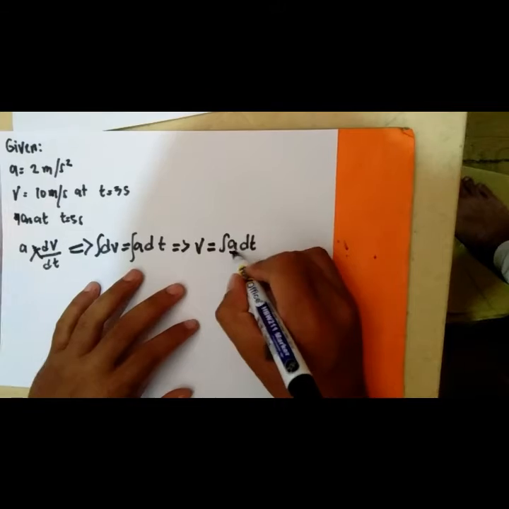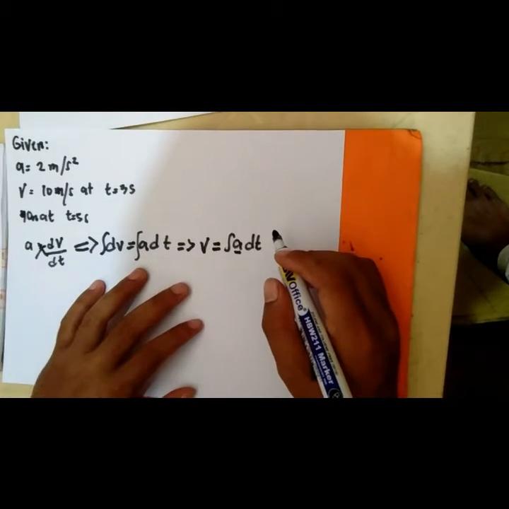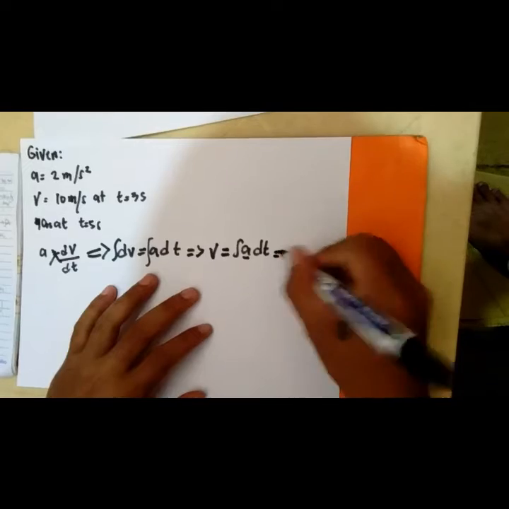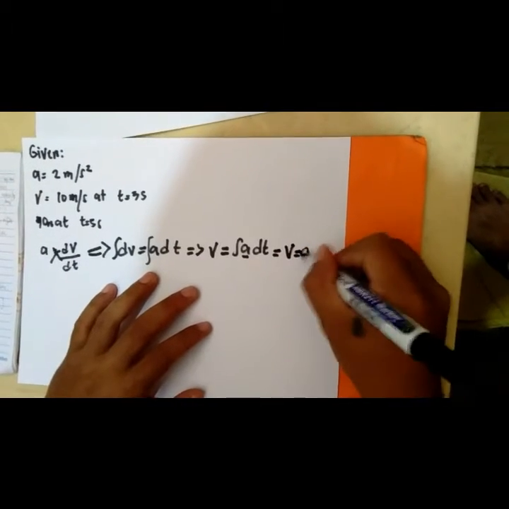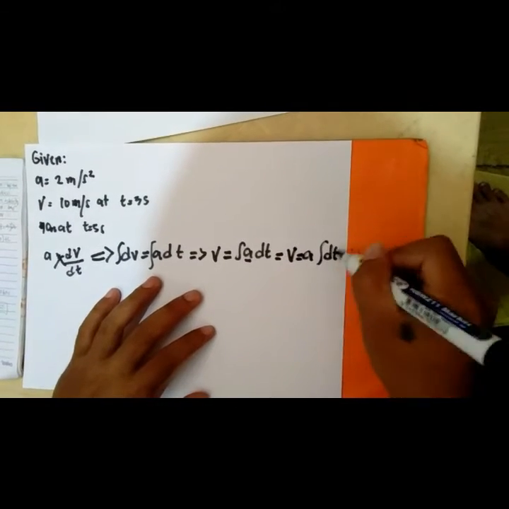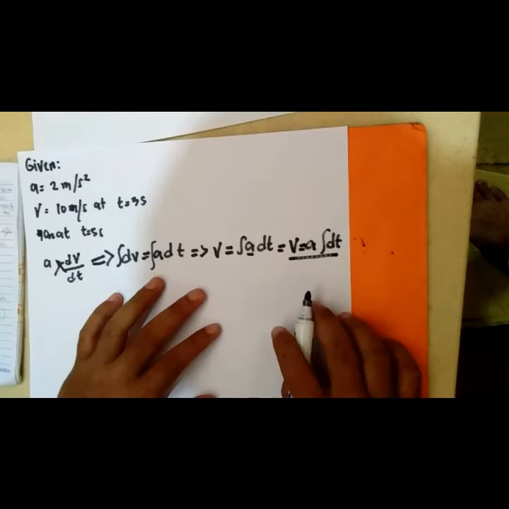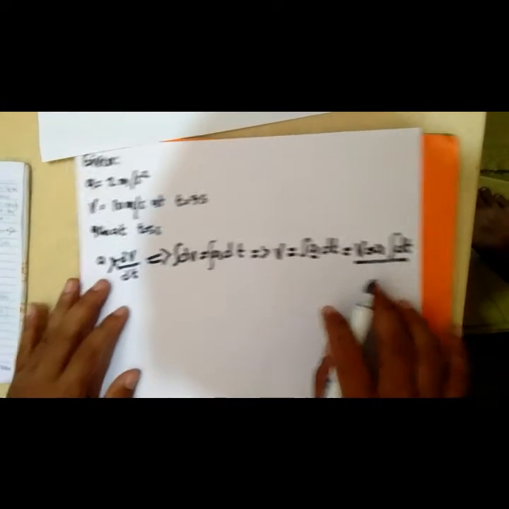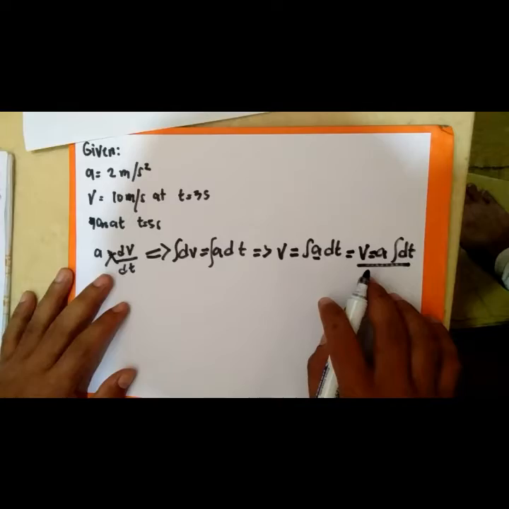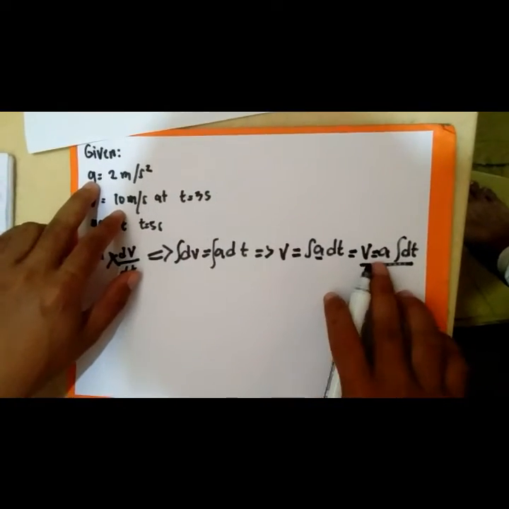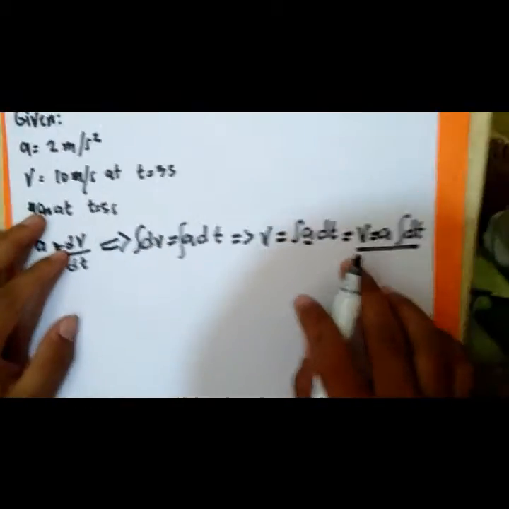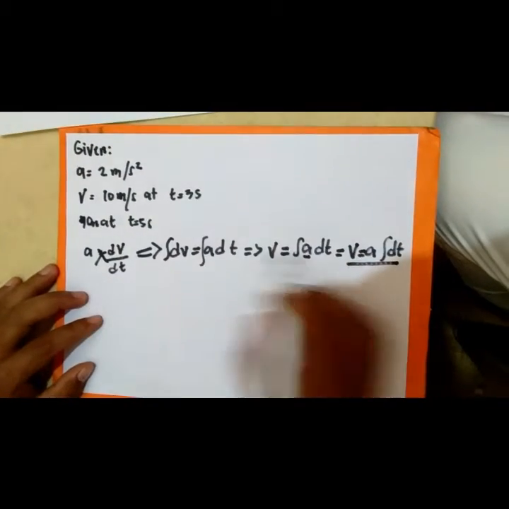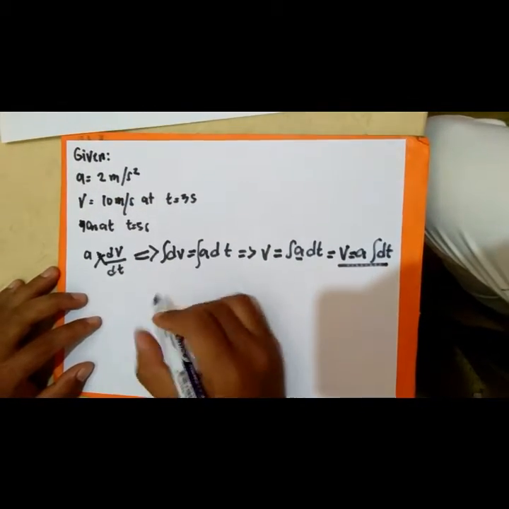Then the acceleration is a constant number, so we will not include it in the integration process. So this will become a times the integral of dt. We will now use this formula to get the equation of velocity, using the acceleration, which is 2 meters per second squared.